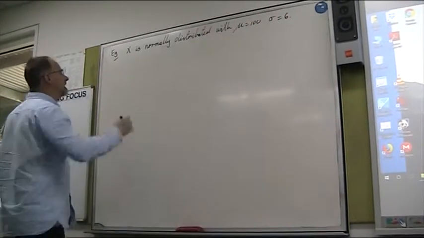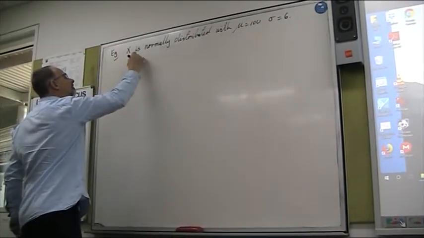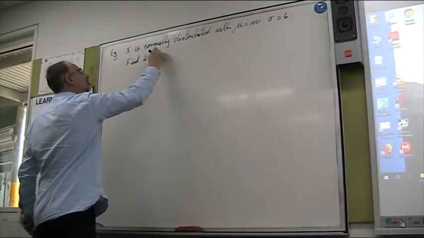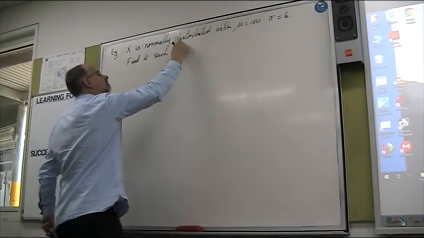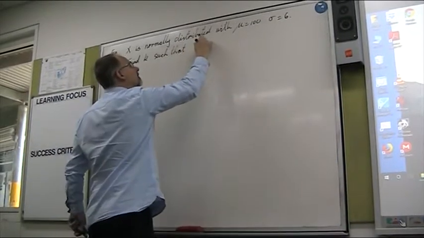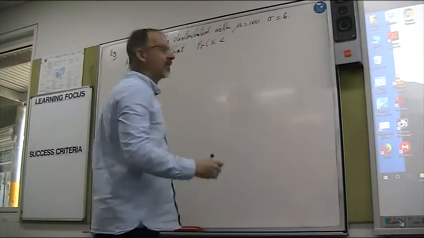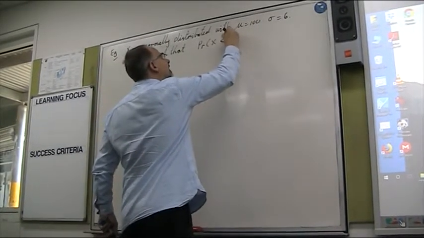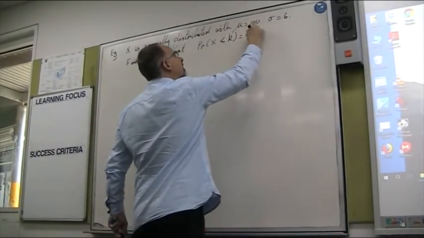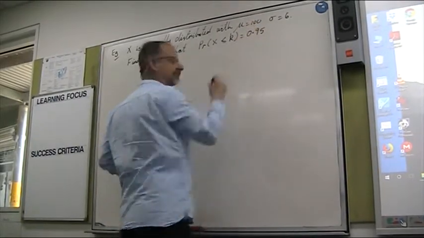I want to find K, where the probability that X is less than or equal to K is equal to 0.95.